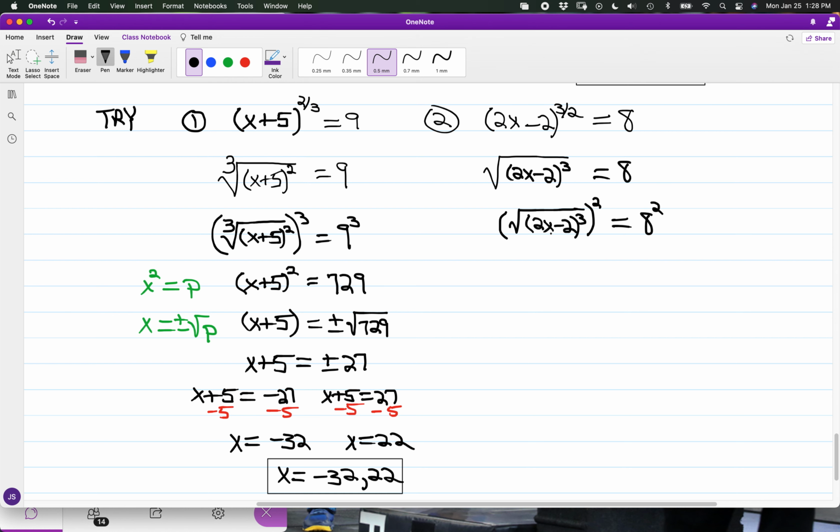For what I have to the left, this is going to be the cube of the quantity of 2x minus 2. And 8 squared is going to be 64. I just square to get rid of the square root. And now at this stage, with the cube of the quantity of 2x minus 2 freed up, I'm going to take the cubic root to undo the exponent.